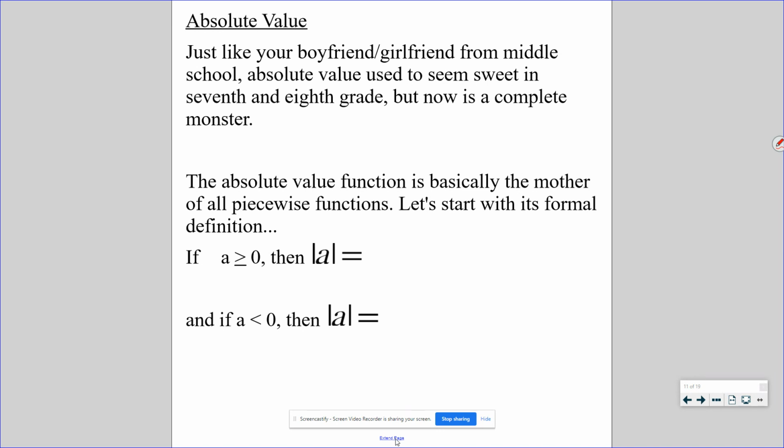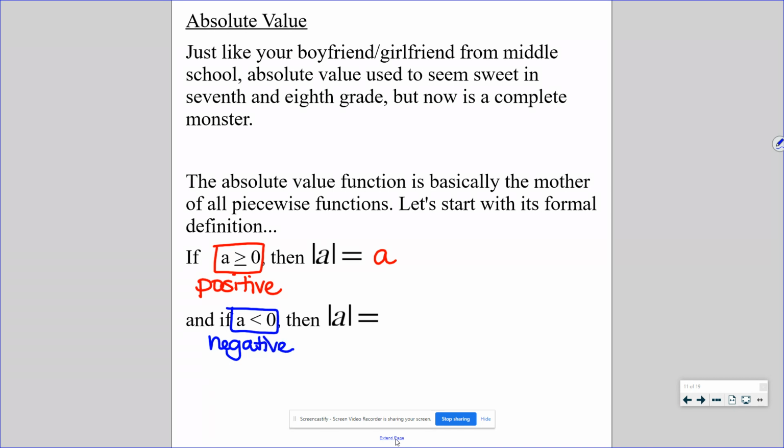Well, if a is greater than 0, then the absolute value of a will just be whatever a was to begin with, because that means the a value was a positive number. And we know if you have a positive number inside an absolute value, it's just going to be equal to that number, right? What if the number you plug in is negative to begin with?